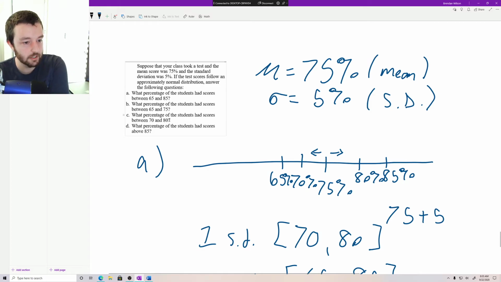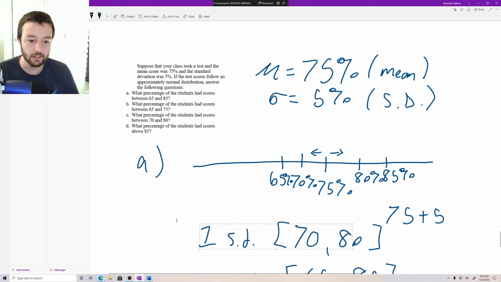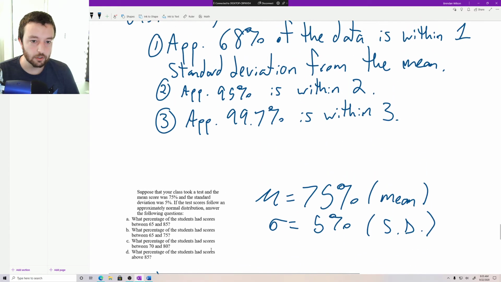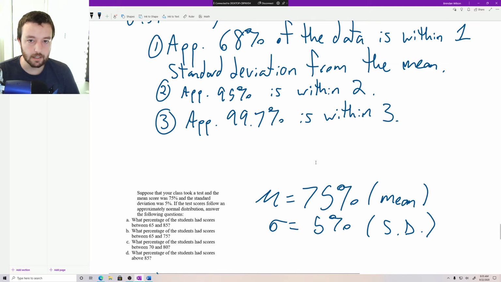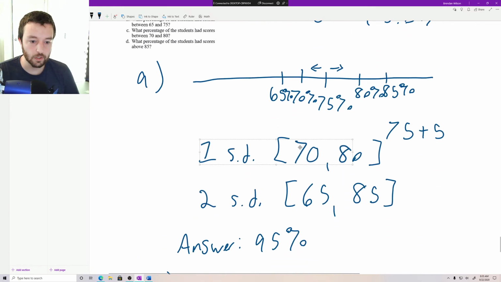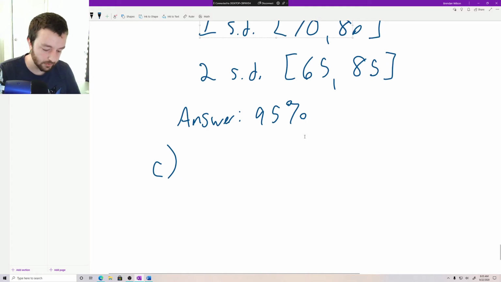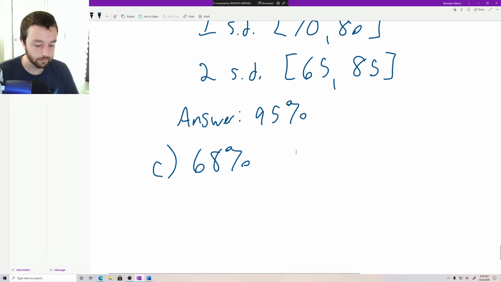C asks what percentage of the students had scores between 70 and 80. Well, that's within 1 standard deviation, which we already found right here. The empirical rule says that 68% of people will have scores within 1 standard deviation. So the answer for C is 68%. Okay.